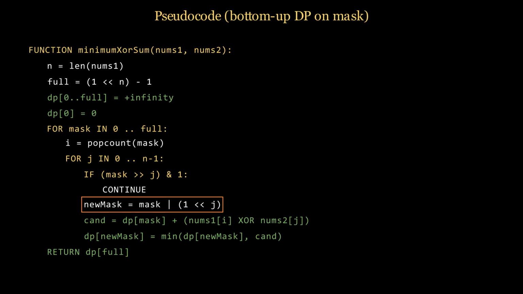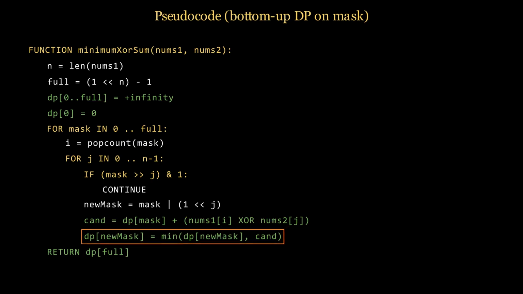Otherwise new mask is mask or 1 left shift j. Candidate cost is dp at current mask plus nums1[i] XOR nums2[j]. Relax, keep the minimum cost to reach new mask. Return dp at full mask when every nums2 index is placed.